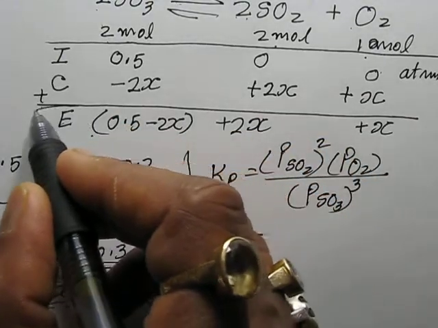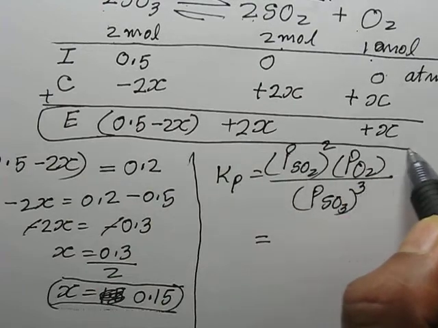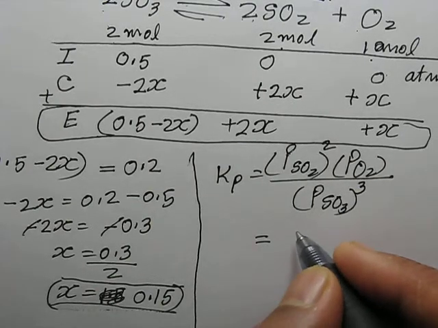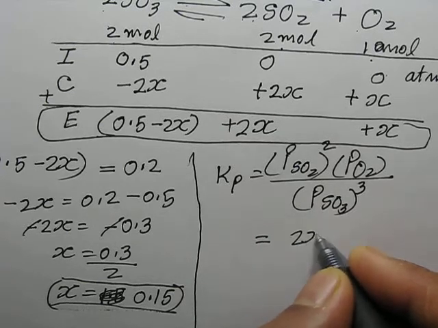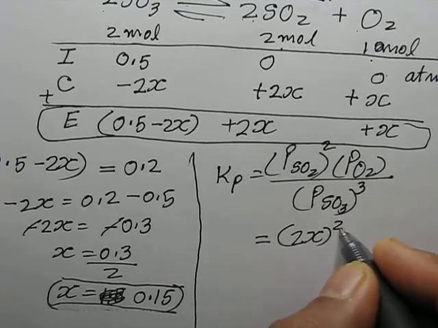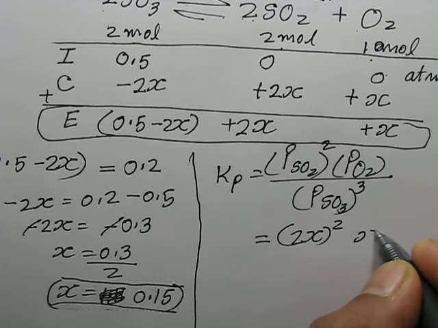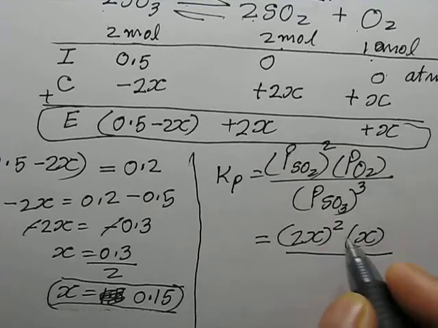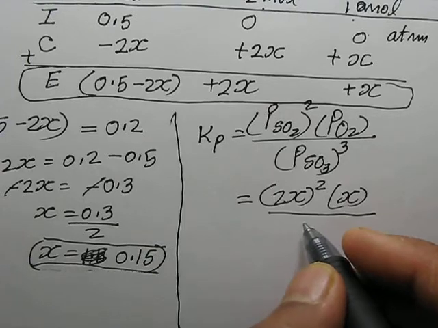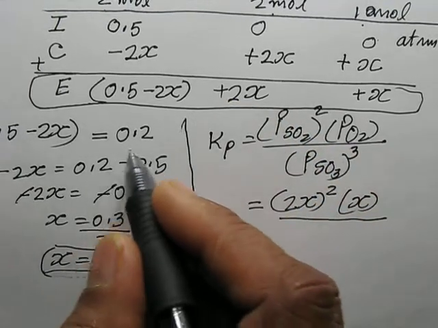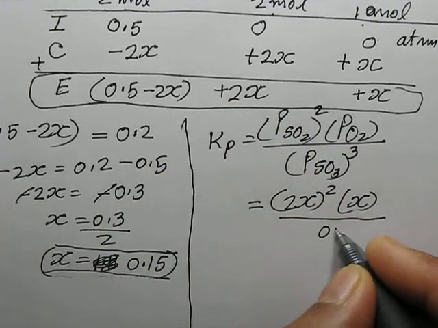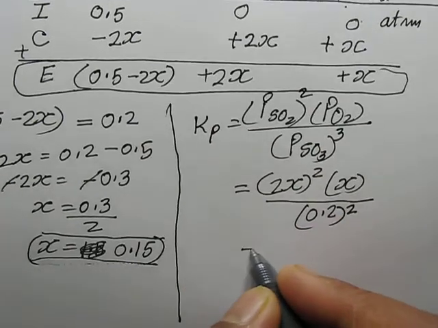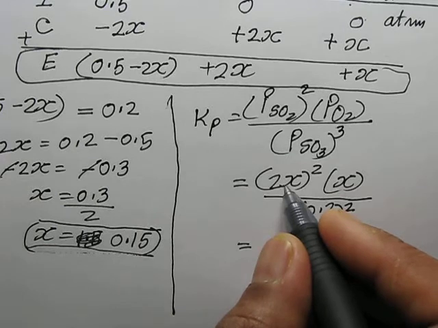Now we will use these equilibrium lines in this equation. So this will become (2x) squared, and for oxygen only x, and for SO3 it is already given as 0.2 at equilibrium, so 0.2 raised to the power 2.